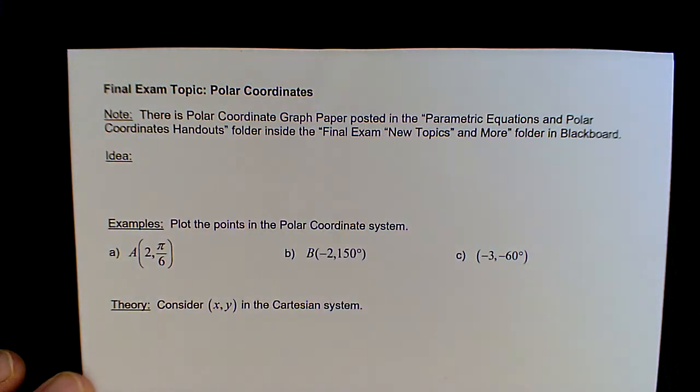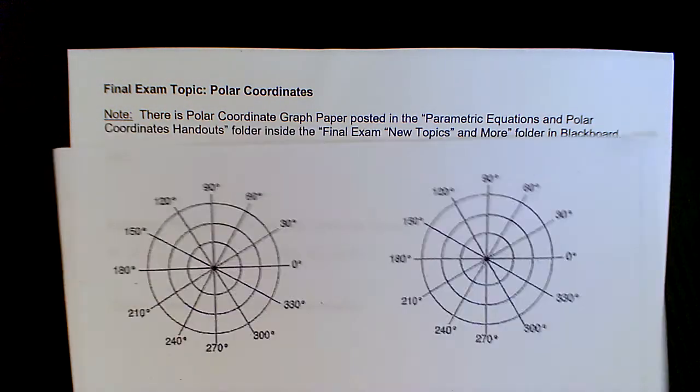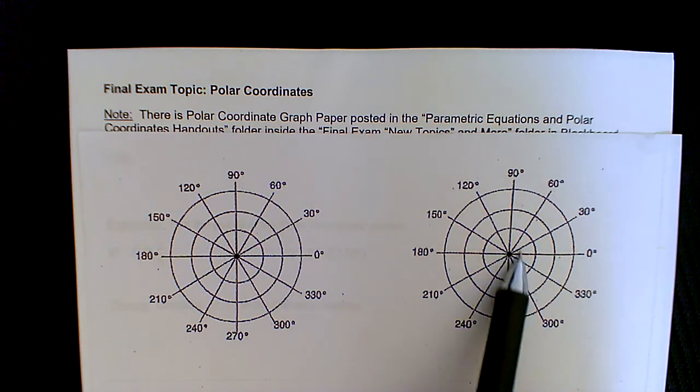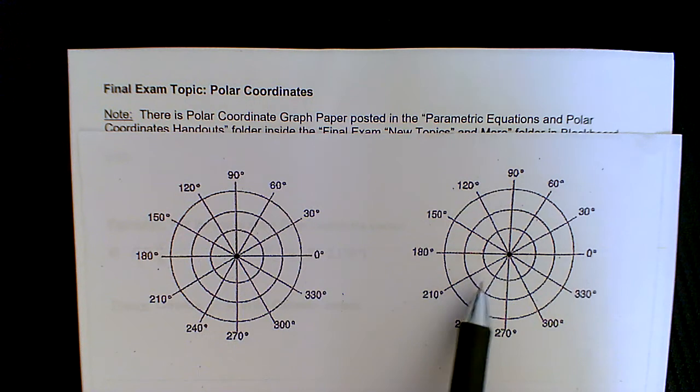So to talk about polar coordinates, there is actually polar graph paper that I posted in the parametric equations and polar coordinates handouts folder. And this is what it looks like. What it has is concentric circles representing what we refer to as the radius, and these radial lines, the angles.